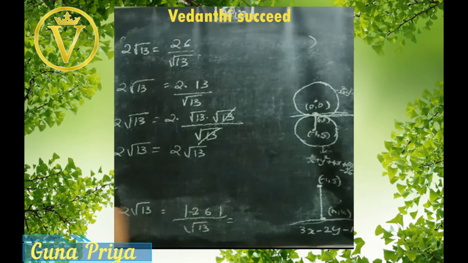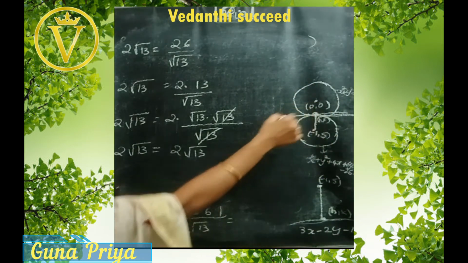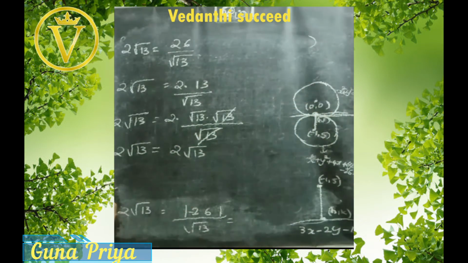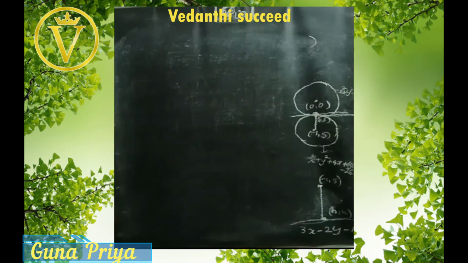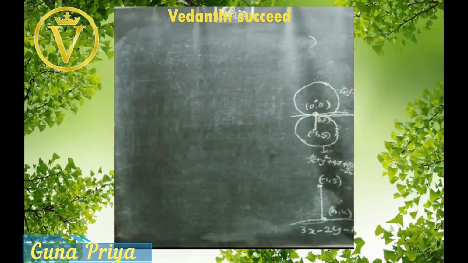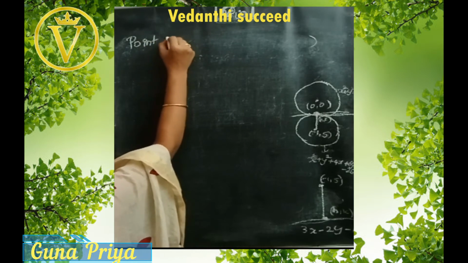Next, what they have asked is to find the point of contact. That is the point where the circles touch, (h, k). I have already given a formula for the point of contact.